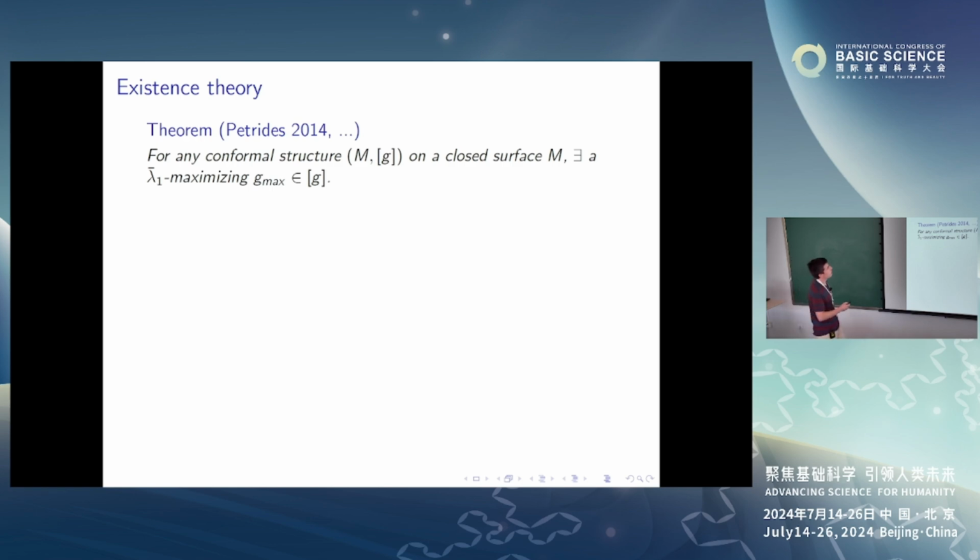He showed that for any conformal structure on a closed surface, there is going to be a lambda 1 bar maximizing metric in that conformal class. And the story here formally ends up looking a lot like the resolution of the Yamabe conjecture, where it comes down to proving some numerical inequality, showing you can't degenerate and bubble off to the round 2-sphere, and Petrides confirms that inequality.